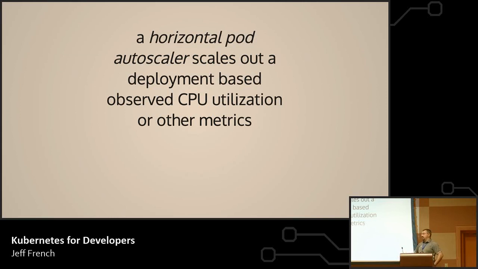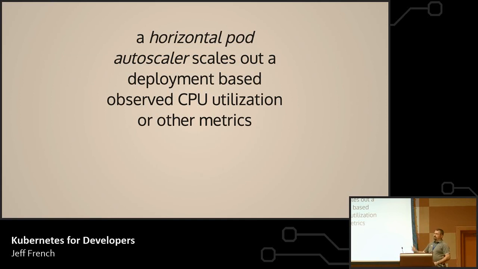So what that means is exactly this. I start with a deployment that says I've got replicas of 3, and then I deploy a horizontal pod autoscaler that says I want a minimum of 2 pods and a maximum of 10. And I want it to be based on 80% CPU utilization on my target pods.